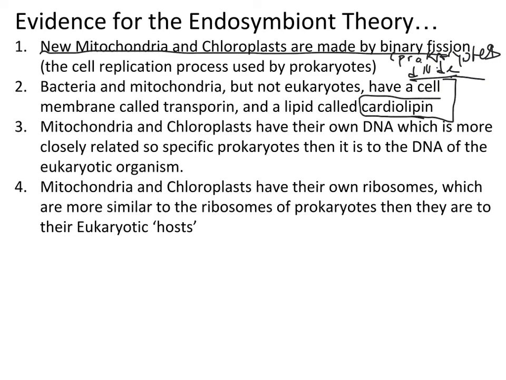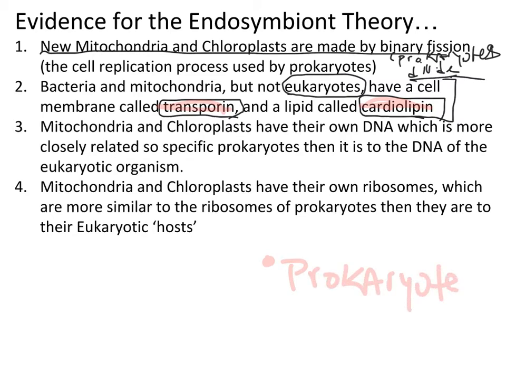You have a cardiolipin in there and a porin. Okay. No eukaryotes don't show any of this, but all prokaryotes do. So I'll highlight that, and then I'll put a little dot here, and I'll write prokaryote. So that's a prokaryotic trait.